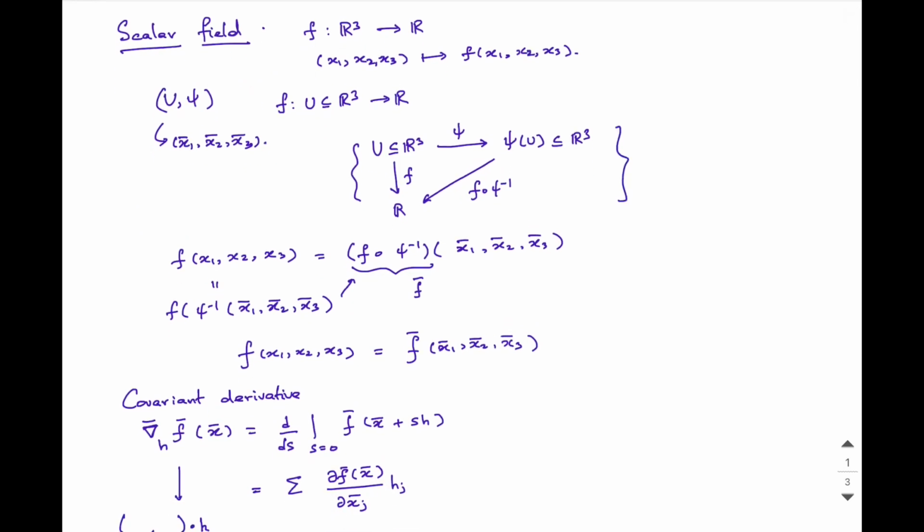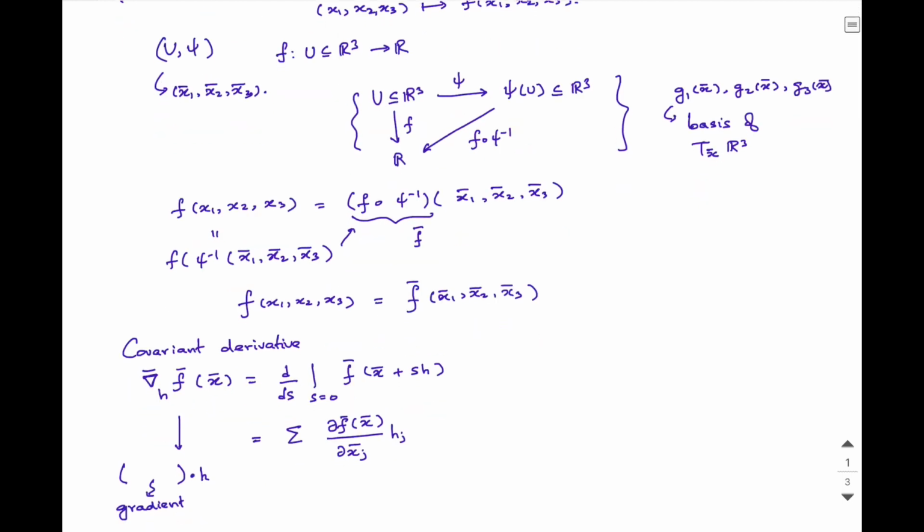a given coordinate system, I can construct the coordinate basis g1 of x bar, g2 of x bar, and g3 of x bar. And this is nothing, it's a basis. Remember, it's the basis of tx bar of R3, or rather, tx bar of R3 is reasonable in description.